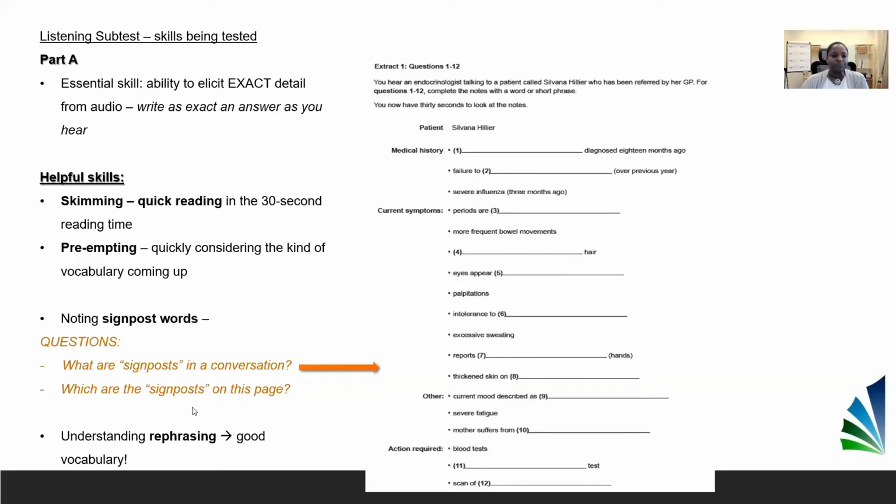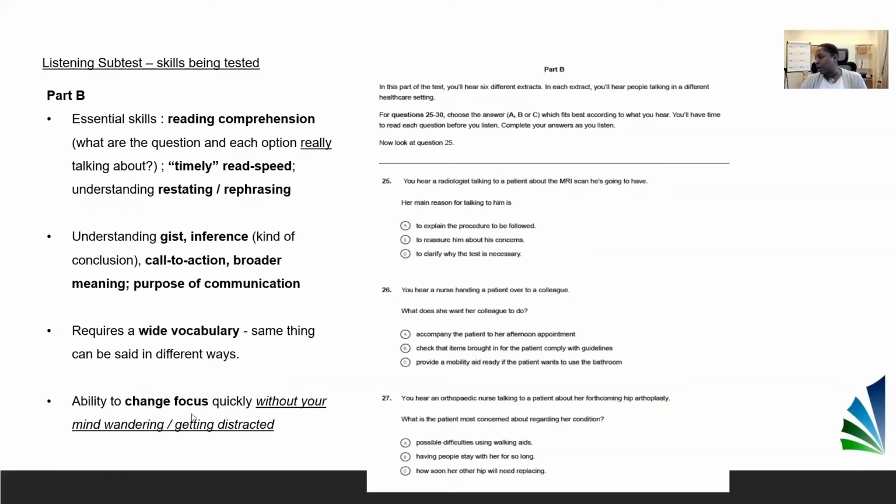Okay? So let's move on to part B. Now in part B, as we said, it's slightly different. You've got these 6 questions, and you will hear the narrator read out this part, and then you have about maybe 12, 15 seconds to actually read the question.